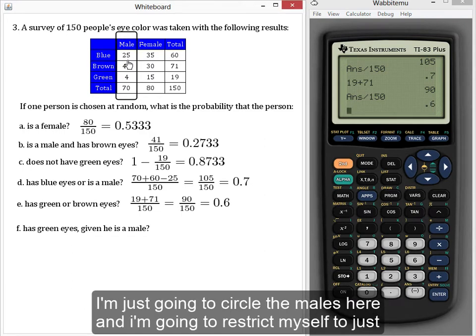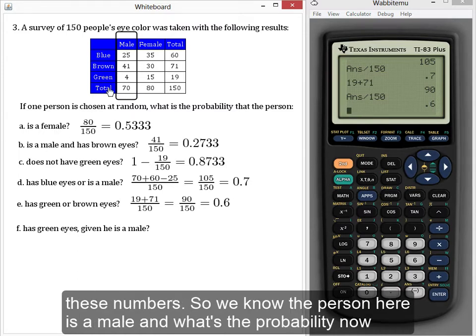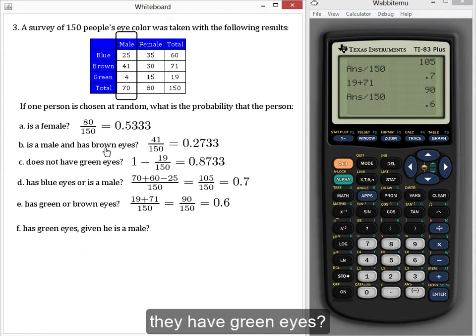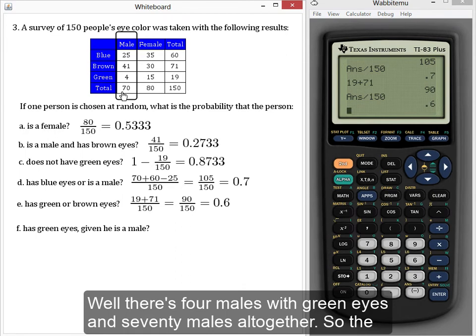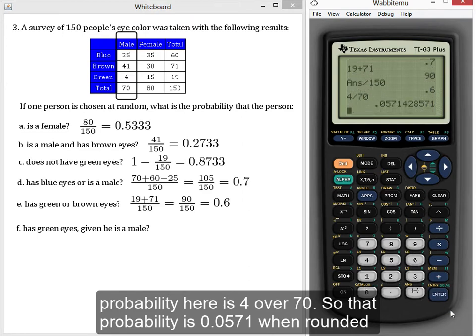So I'm just going to circle the males here, and I'm going to restrict myself to just these numbers. So we know the person here is a male. What's the probability now that they have green eyes? Well, there's 4 males with green eyes and 70 males altogether. So the probability here is 4 over 70. So that probability is 0.0571 when rounded to 4 decimals.